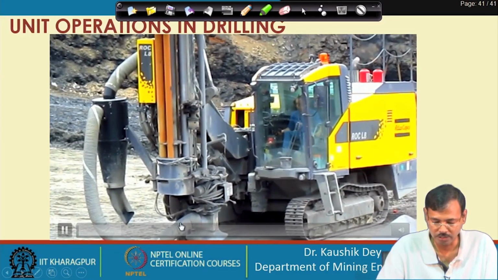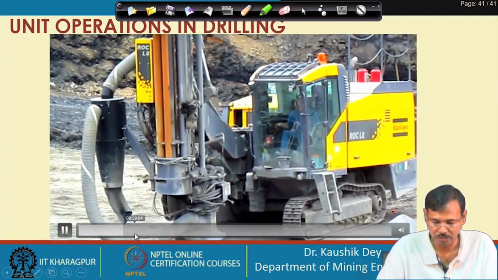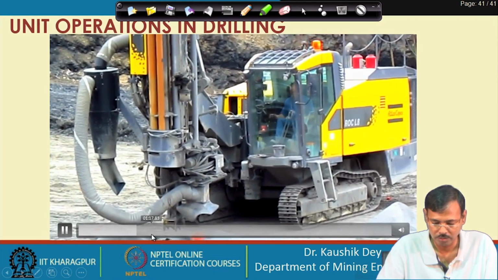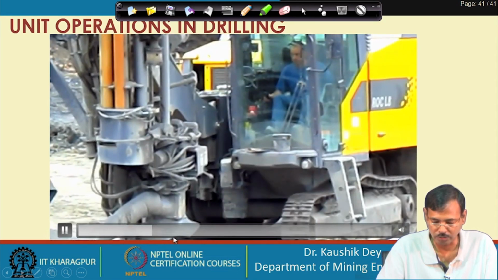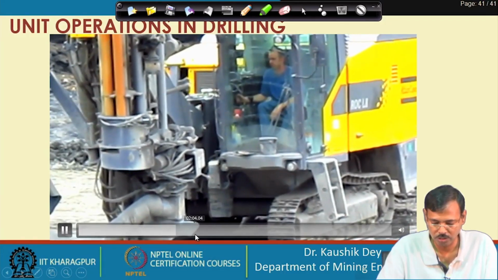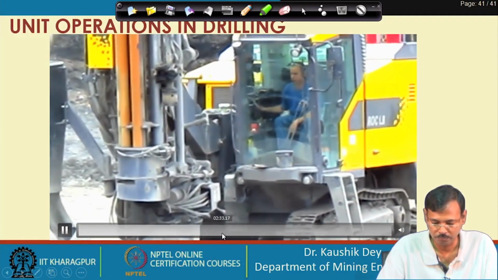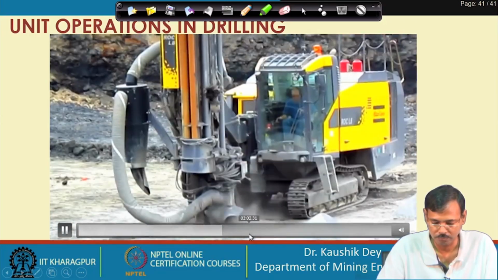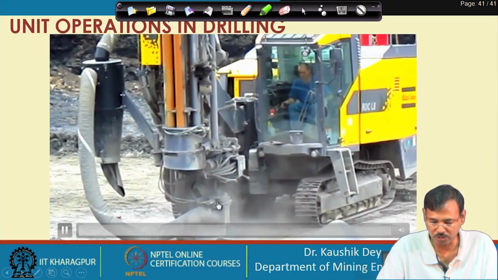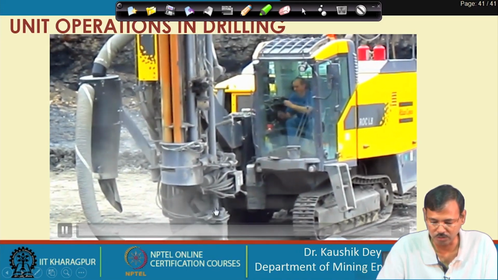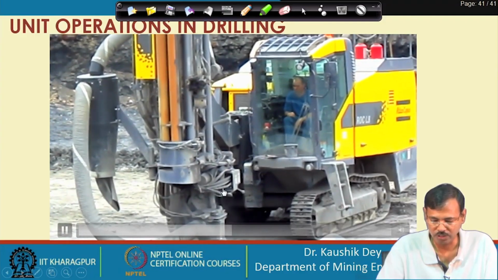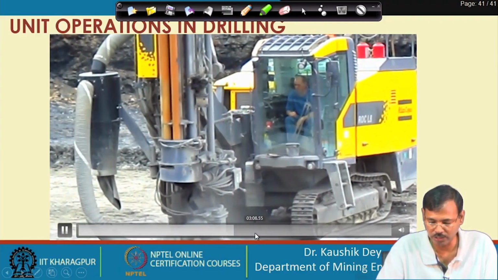Now, the drilling of this hole is complete. Now, the machine is moved to the next hole. See, it is now positioned down. Now, the first rod is started drilling, machine is positioned. The first rod has started drilling at this position.